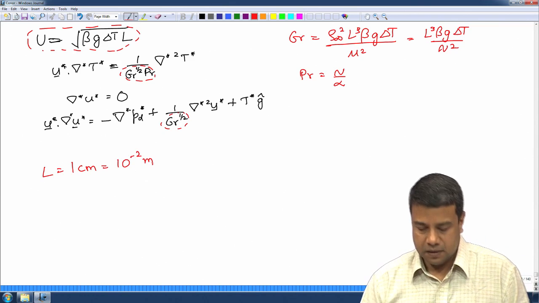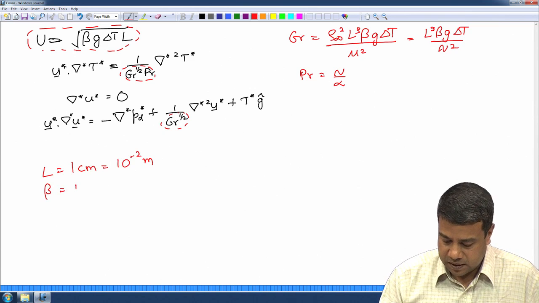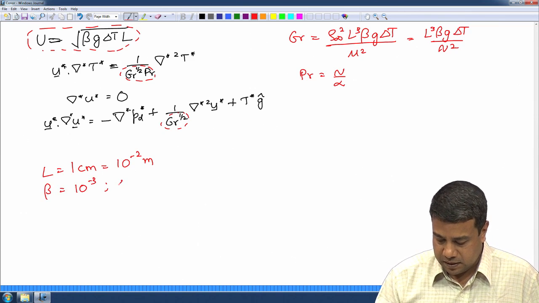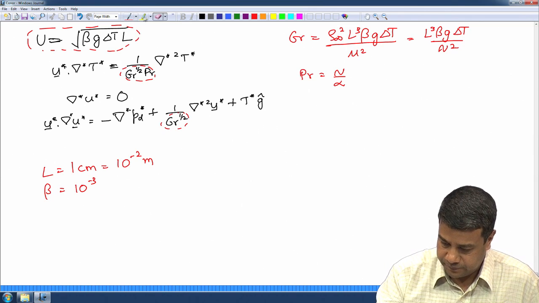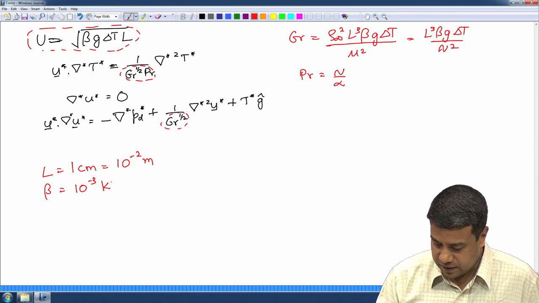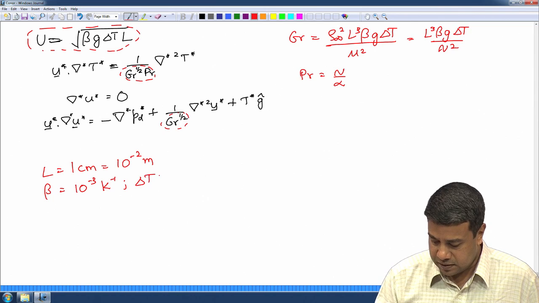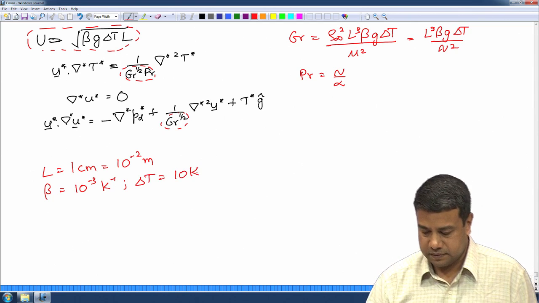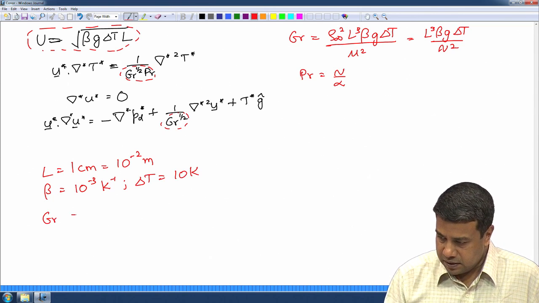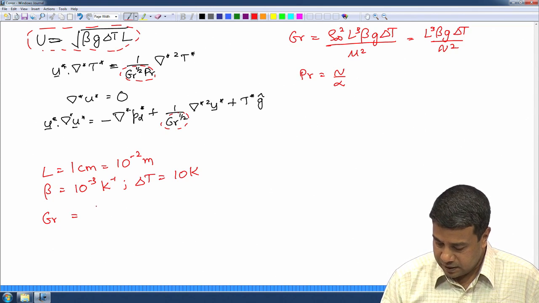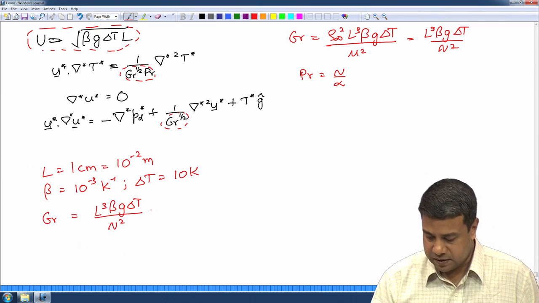Beta we will assume is equal to 10 power minus 3 Kelvin inverse, and delta T is of the order of 10 Kelvin. What is the Grashof number?